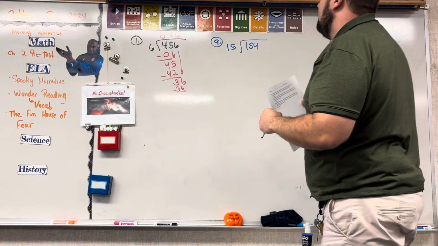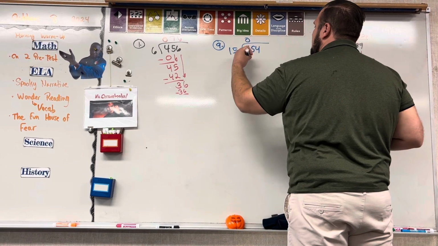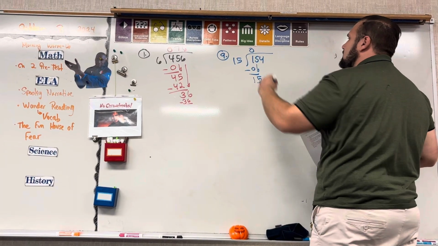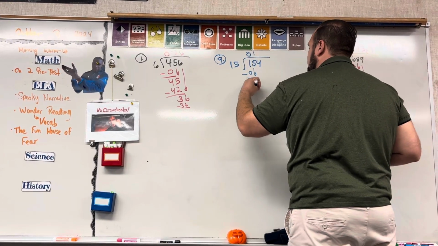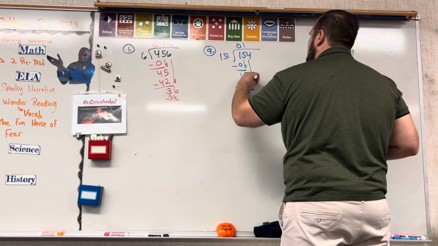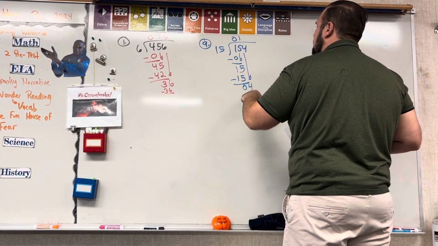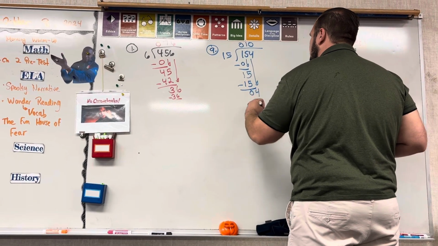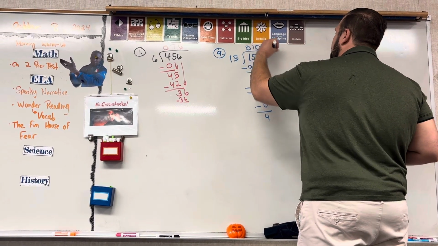Okay? 15 goes into 1 0 times. So when you bring down the 5 though, 15 goes into 15 1 time. When you bring down the 4, 15 goes into 4 0 times. So it's 10 remainder 4.